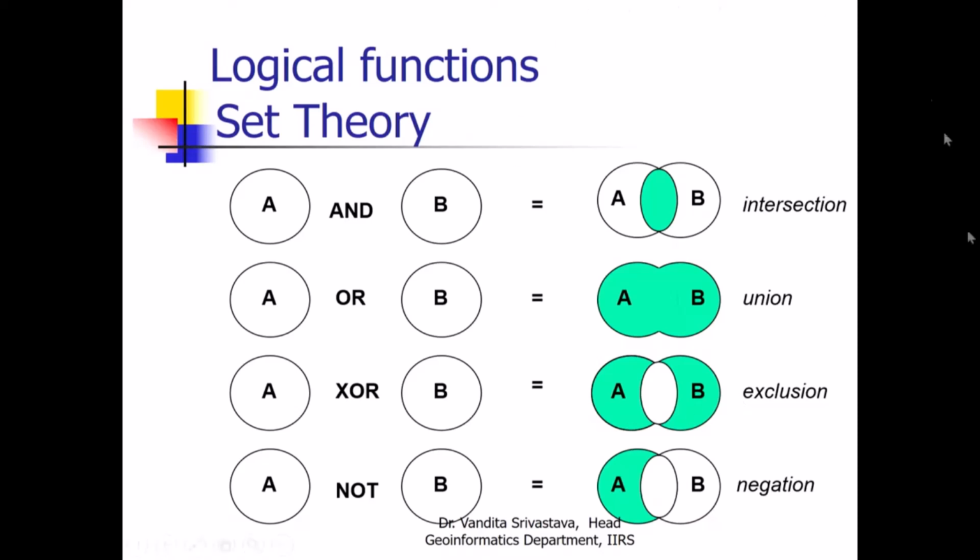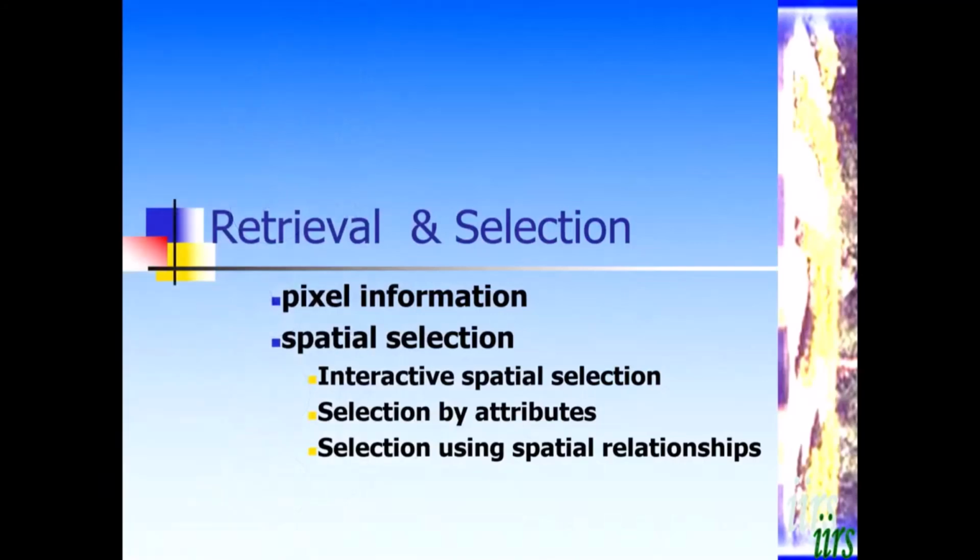Fine. So these can be used a lot in GIS for carrying out analysis. I'll show you some example of it. And then we have retrieval and selection operations. The pixel information is a very useful tool in any raster GIS package. You will find a pixel information, or even identity tool is also there.